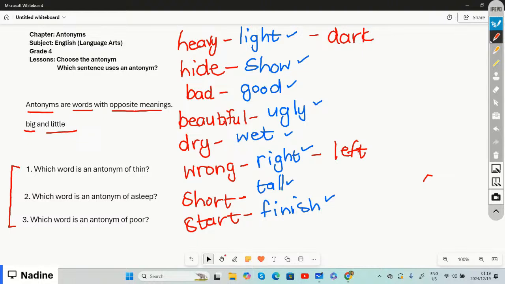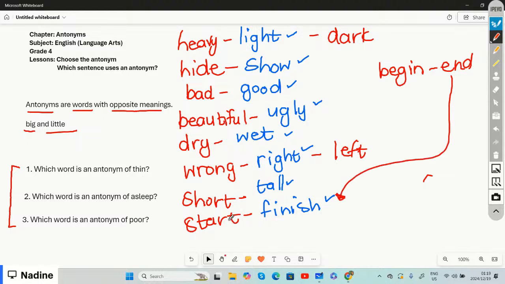Okay, you can say start, finish. I think if we use the word end, then I think we rather use begin and end. Or start, finish, begin, end, start, end. It really depends, as long as it just shows the opposite of that word.